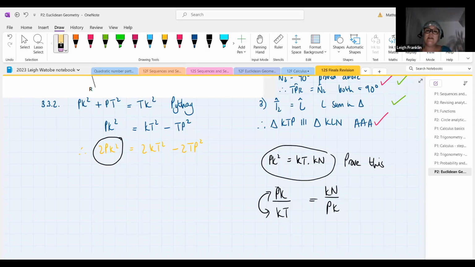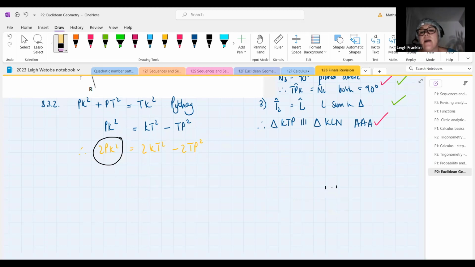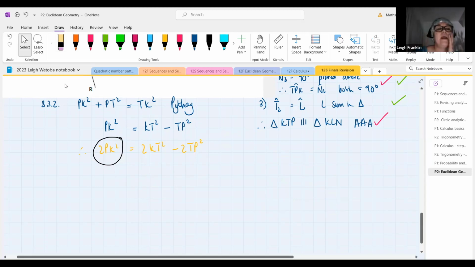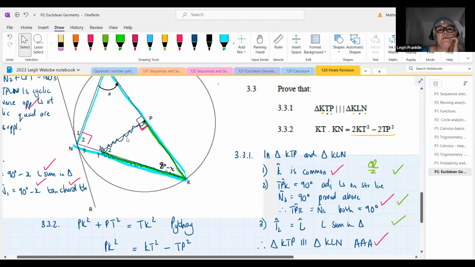It's what I was saying to the other class this evening: just because you've tried something and it doesn't work, let's try and think of something else. So trying to prove triangles similar in this case was not a solution for us. Let's go back to the diagram and think about what else could work.